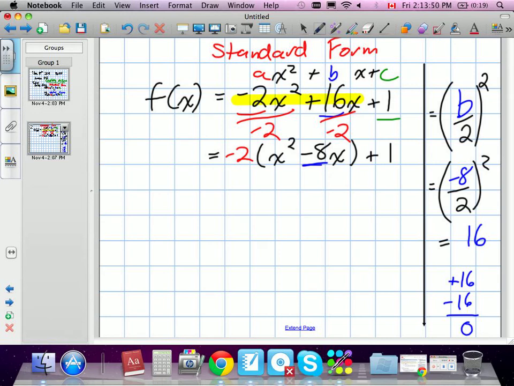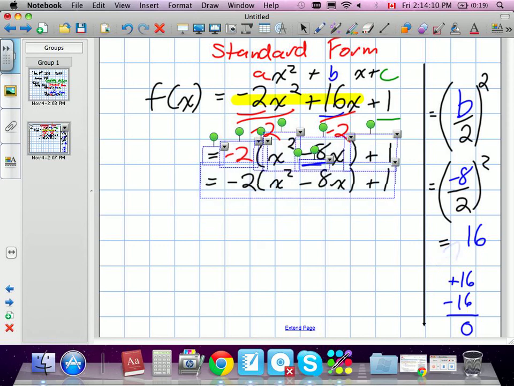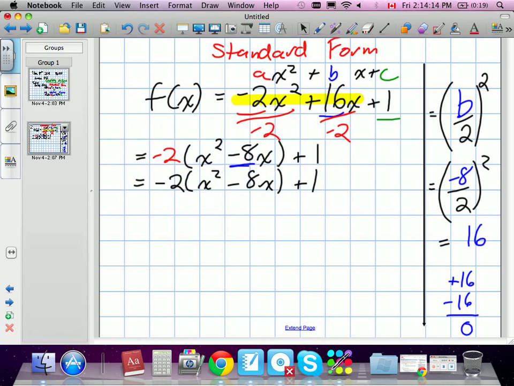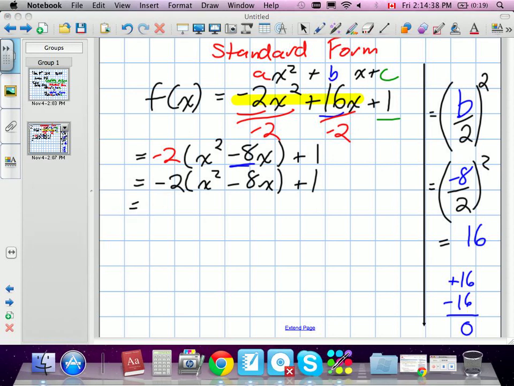Okay? So, let's rewrite our equation so far. Put it all in black. So we had -2x squared minus 8x plus 1. The next step is that number 16 I found. I'm going to add and subtract it to the equation. So in our next line, we still have -2 on the outside, x squared minus 8x.